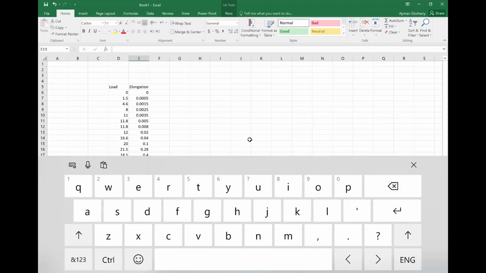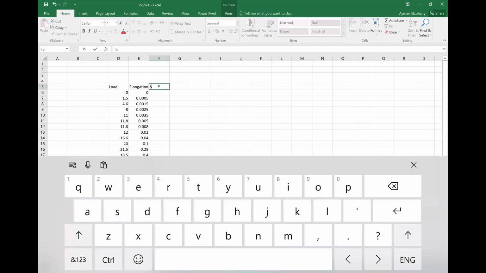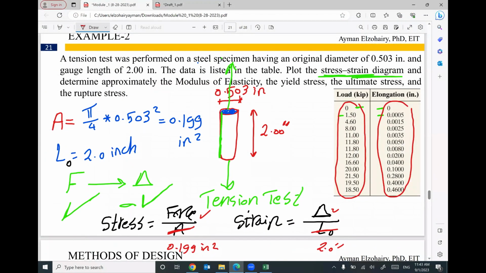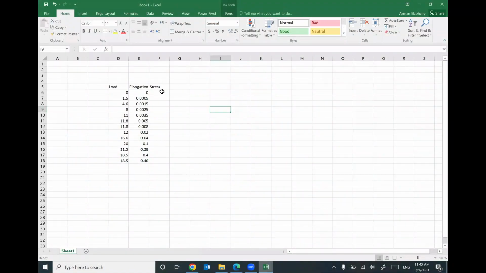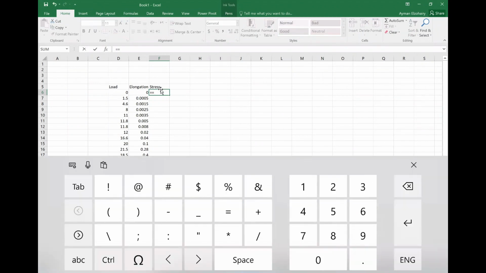So these are the records from the machine. I will start here to figure out the value of stress. To figure out the value of stress, we need to divide the recorded force by the area, which is 0.199. So I will come here and put equal, and divide this number.